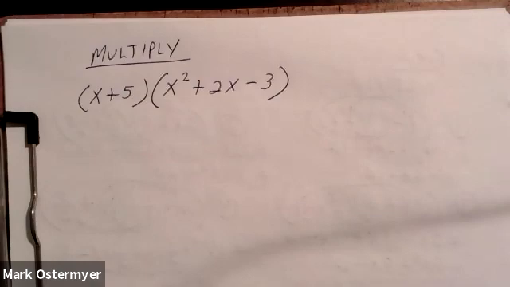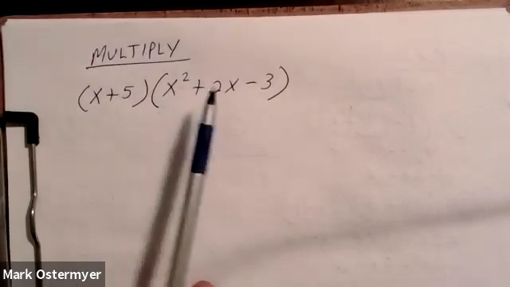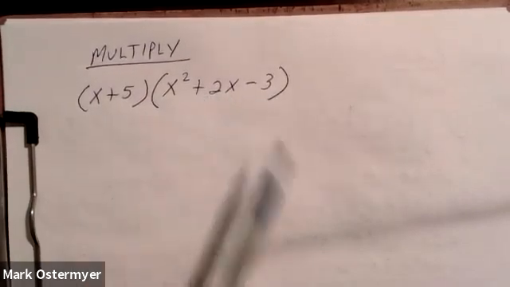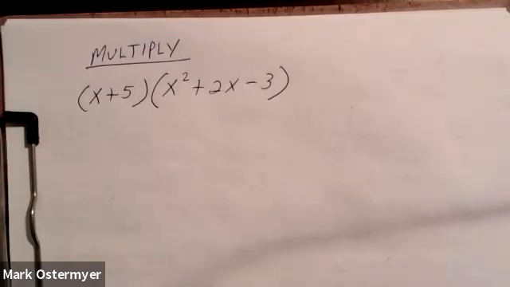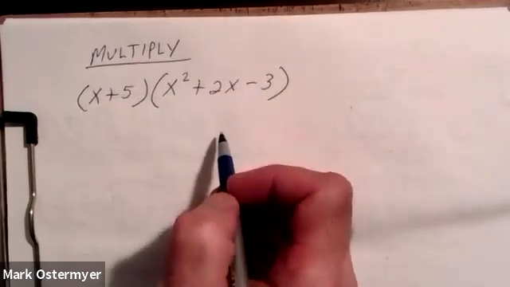The bottom line is, when we multiply a polynomial times another polynomial, you just got to make sure that each term of the first polynomial gets multiplied by all the terms of the second polynomial. That is important.